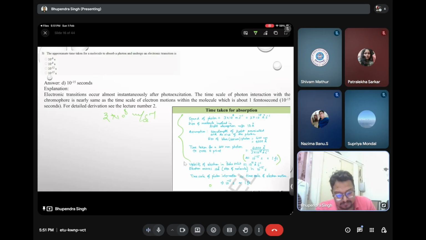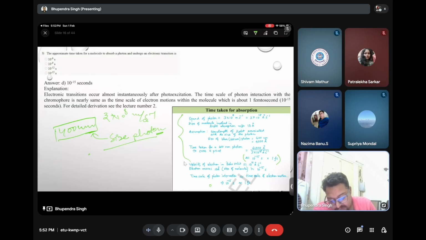And let's say the wavelength of the light is 400 nanometer, and we are assuming that the wavelength of the light is associated with the size of the photon. So this is the size of the photon.